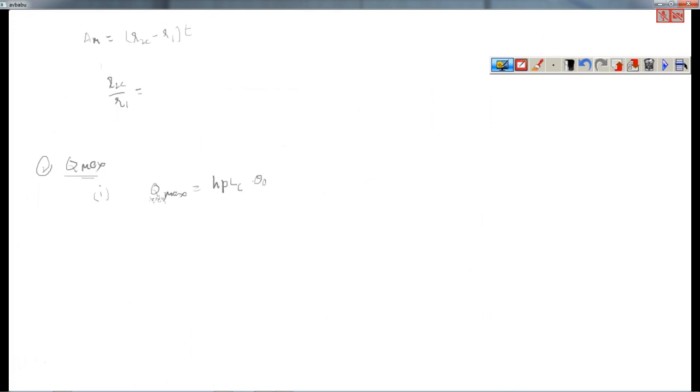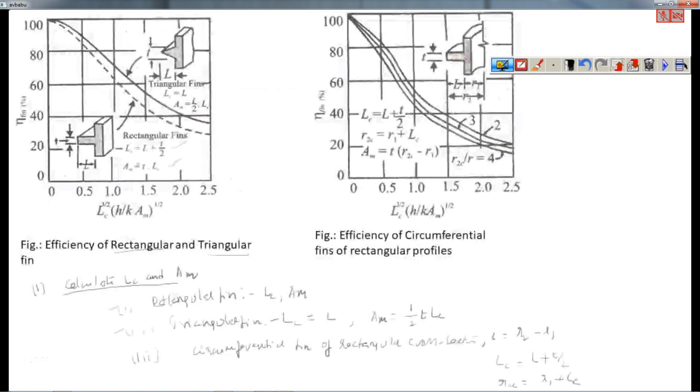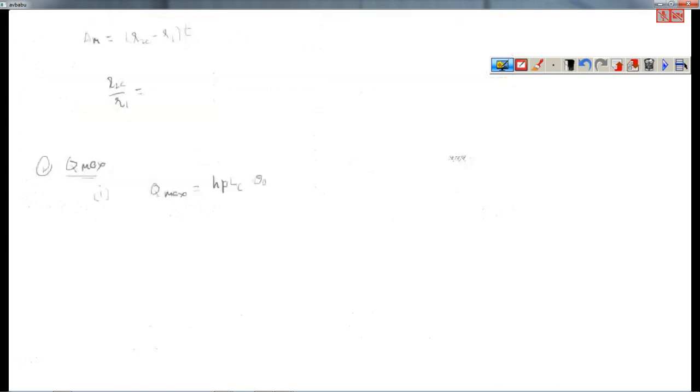You can check this diagram here. I am assuming this entire fin is at the base temperature, therefore I can use HA, the area of the profile, so HP into LC into theta 0.